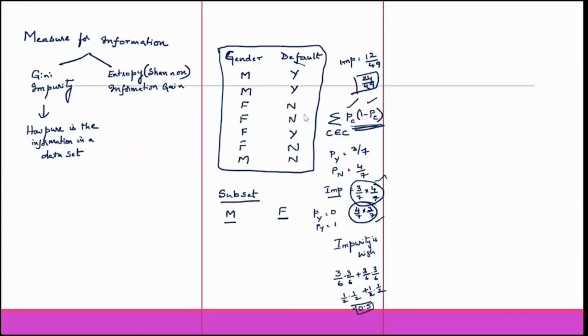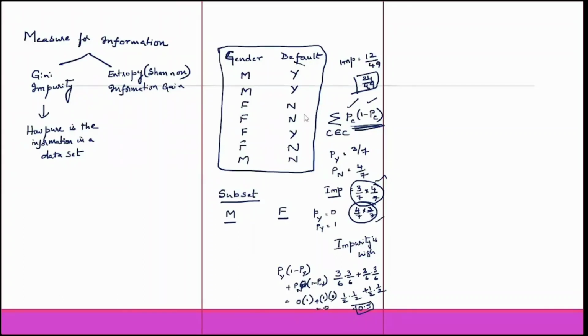The probability of yes into 1 minus probability of yes, plus probability of no into 1 minus probability of no. So probability of yes is 0 times 1 minus 0, plus probability of no is 1 into 1 minus 1, which is 0.